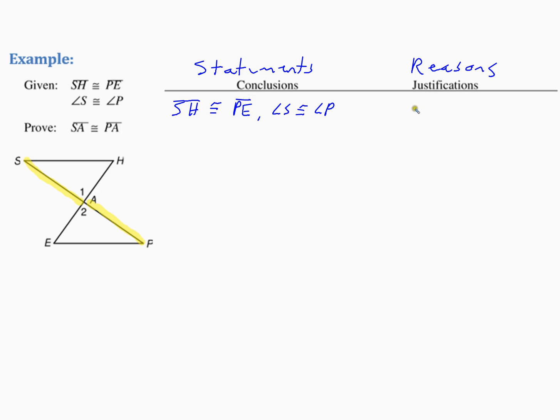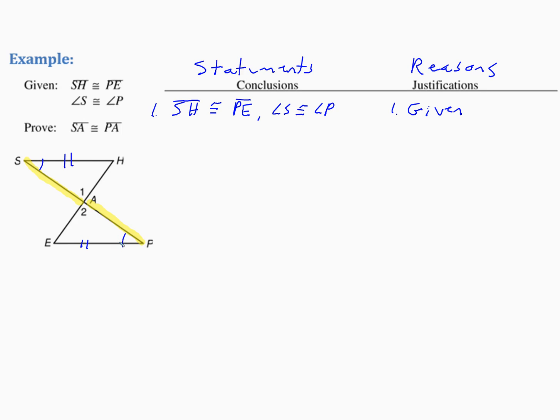Well, it's told to us. It's given. And we can number these. That's our first thing. Once we put something in our proof, we can mark it. So SH, this segment here, is congruent to PE. Also, angle S is congruent to angle P.